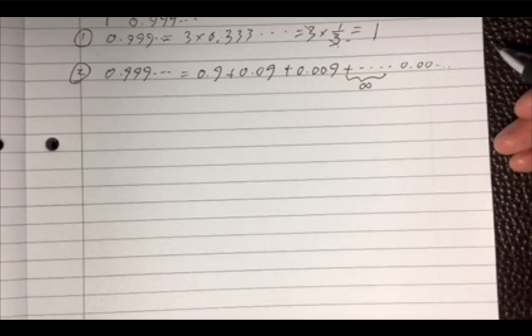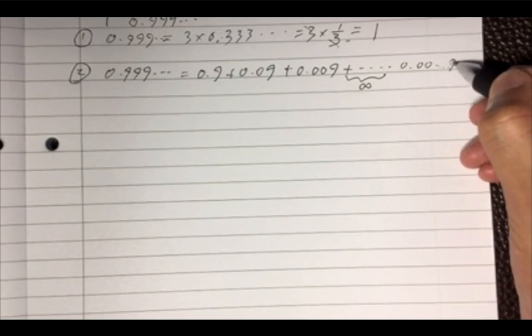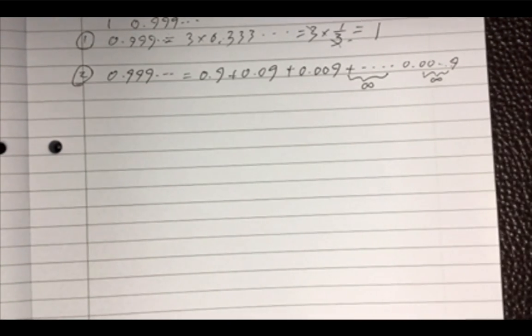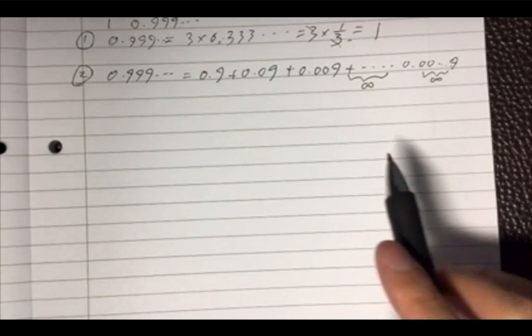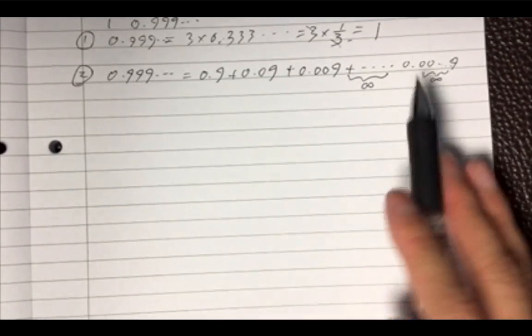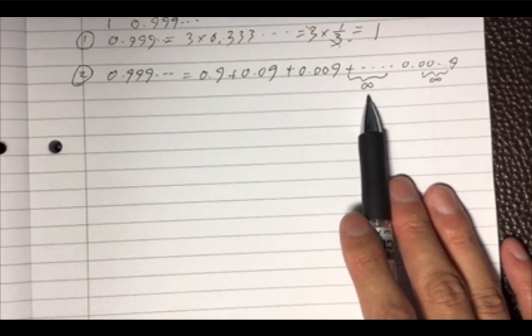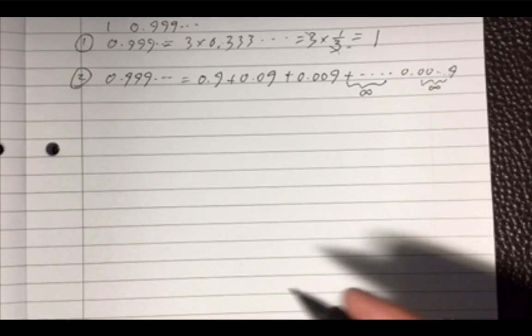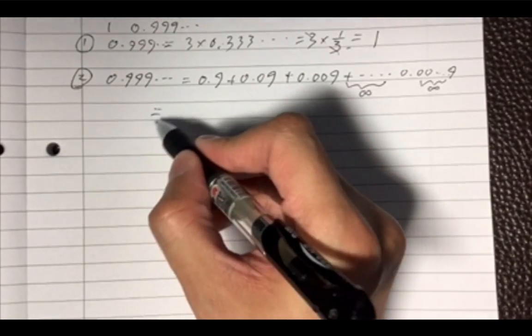We don't know actually how many zeros there are. So there are also infinite zeros in between. So in this way, we still have no idea about the whole thing. So we try to write it in a more actual way.